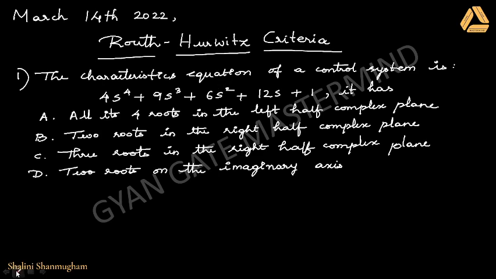So coming to the solution, the given polynomial is 4s^4 + 9s^3 + 6s^2 + 12s + 1.